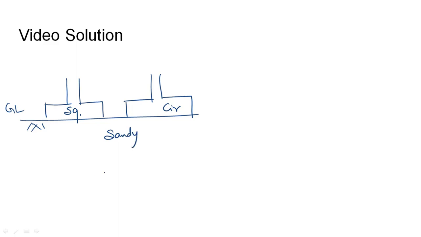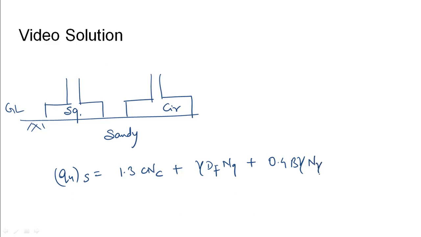So in our case, we have been given the ground level onto which the square and the circular footing have been placed. This is the square footing and this is the circular footing. The soil is sandy in nature. So as we saw in the previous slide, the ultimate bearing capacity for a square footing is given as 1.3 times C Nc plus gamma Df Nq plus 0.4 B gamma N gamma.